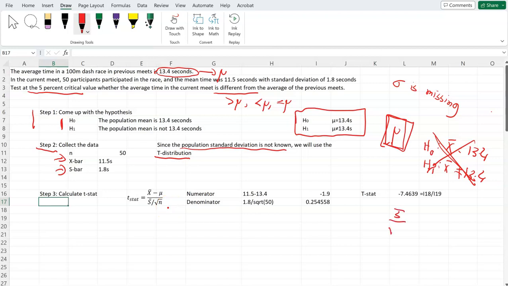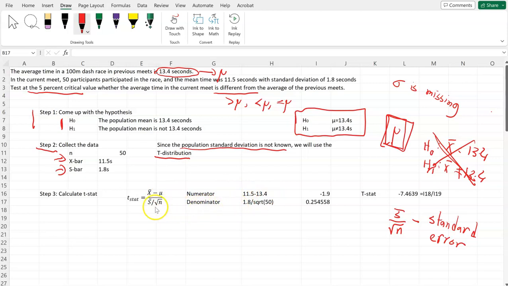Now, s over the square root of n is called the standard error. It has a special name, and we use that in the denominator. So instead of writing it that way, I could have also written standard error. The numerator is x bar minus mu, which is 11.5 minus 13.4.